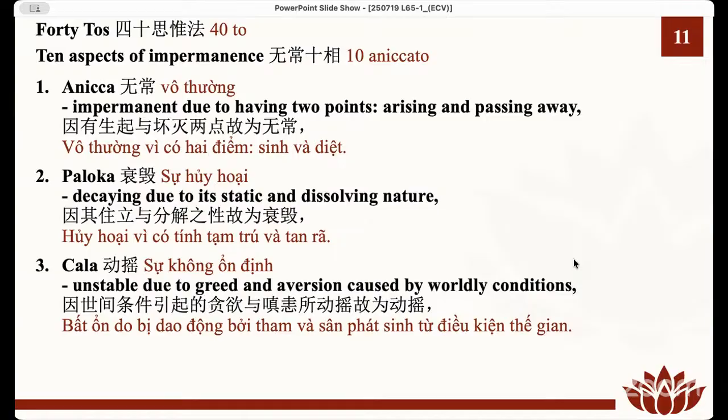That's when they are called Palokato. Otherwise, Talato, that means unstable due to greed and aversion caused by worldly condition. Here we should think about worldly conditions. As we have already mentioned, aging, death, but here we also talk about bodily condition. For example, gain and fame make our mind greedy.